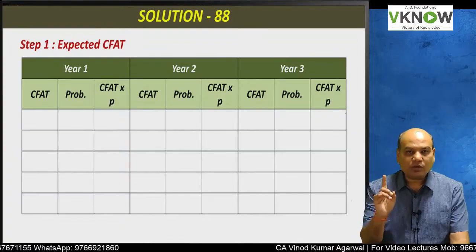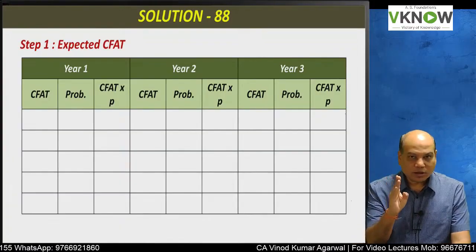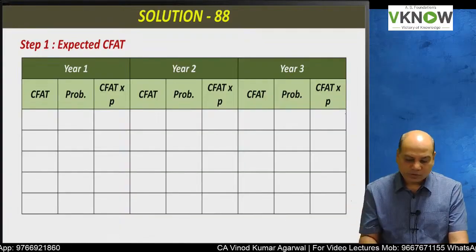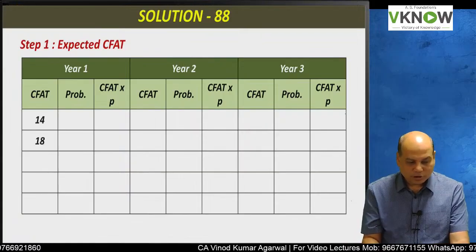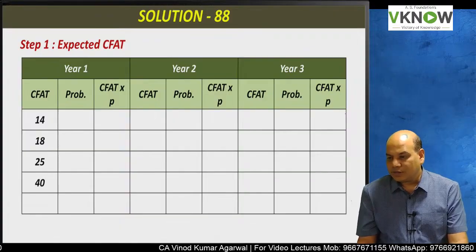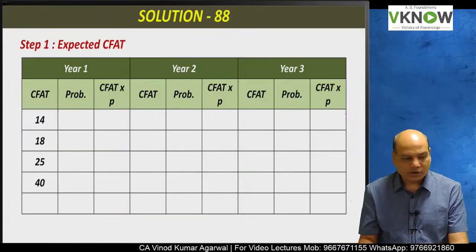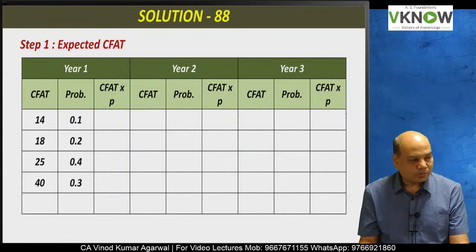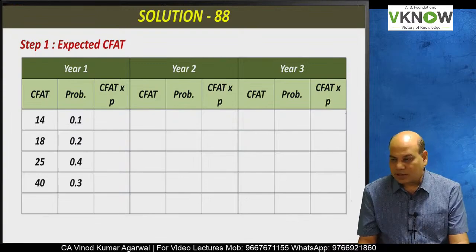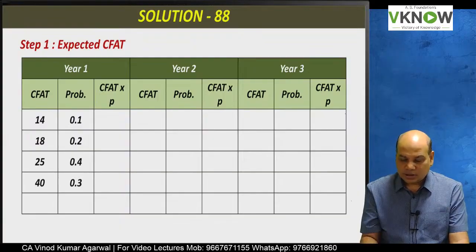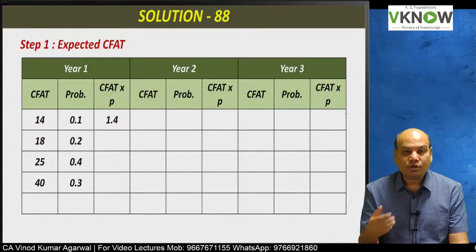Now I will solve year 1, and then in the same way you will solve year 2 and year 3. Ready? Question in front of you. CFAT 14, 18, 25, 40. Point 1, point 2, point 4, point 3. Now multiply these two, equal to memory plus, and then later memory recall for total.